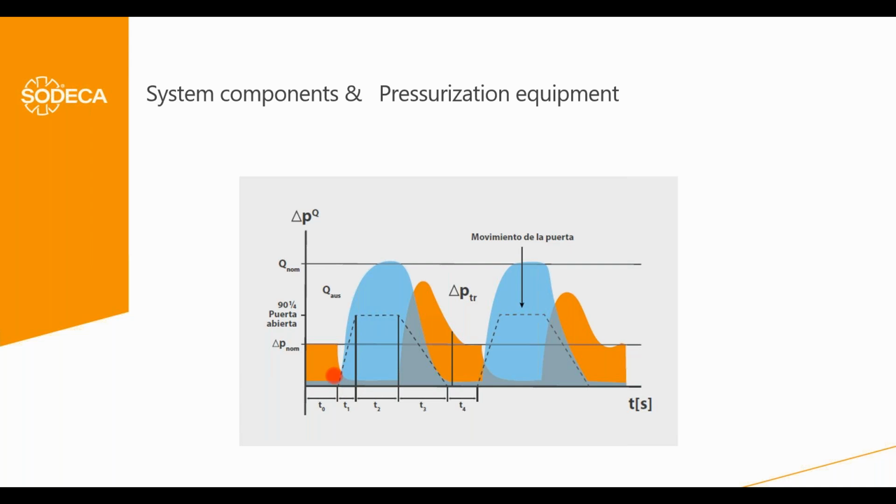So very quickly we need to increase the airflow provided in the staircase, because you see that the level of overpressure decreases. So this will be the risk of the smoke going into the staircase, and in that case we very quickly have to increase the flow of the fan to provide the velocity to avoid the smoke going into the staircase. Let's say that this is not a big problem.